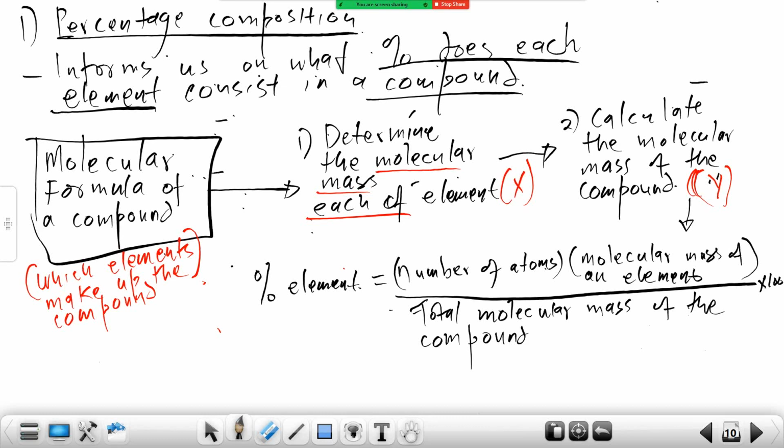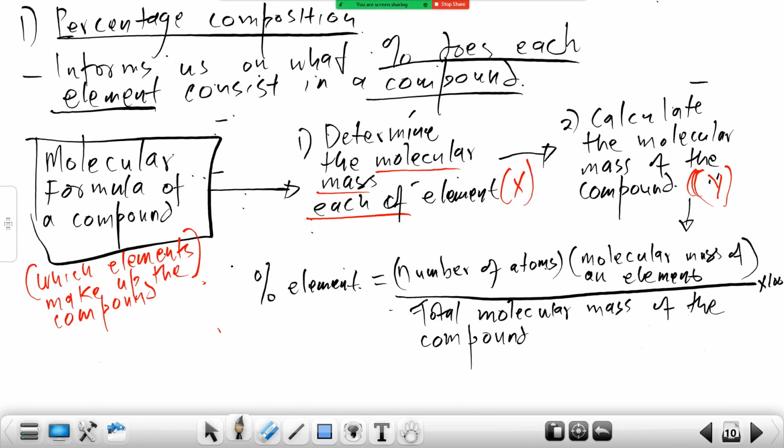If I have a compound and I calculate how much percentage each and every element is contributing, it's very easy: I will be in a position of ensuring that the sum of the elements must add up to 100.